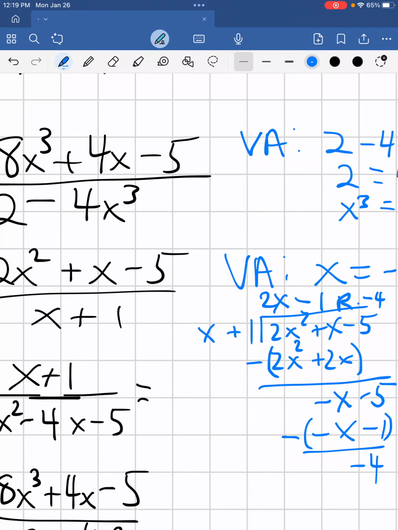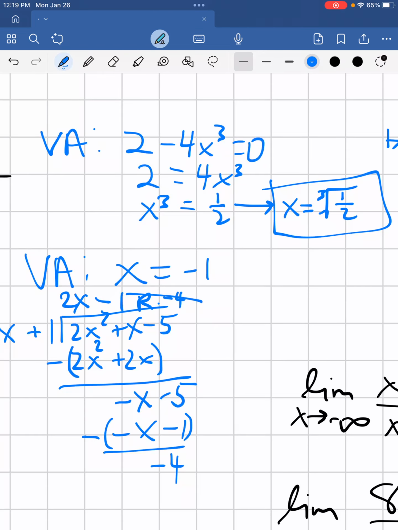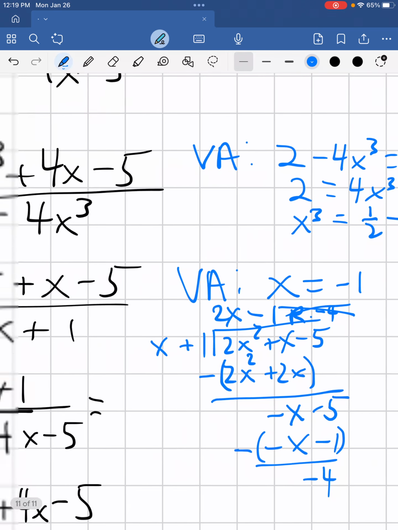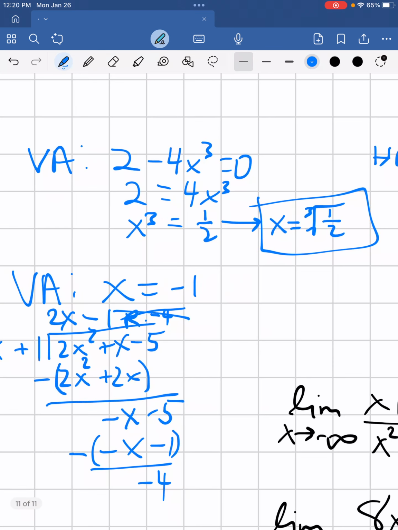When we are only looking for the equation of the oblique asymptote, we don't actually do anything with the remainder. If you wanted to, you could rewrite that function, and that's something that you'll have to do later on, either at the end of this course or somewhere in Cal 2, where you rewrite the original function using the remainder, and it would end up having the same asymptotes.